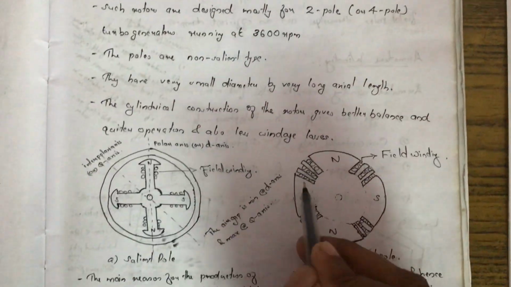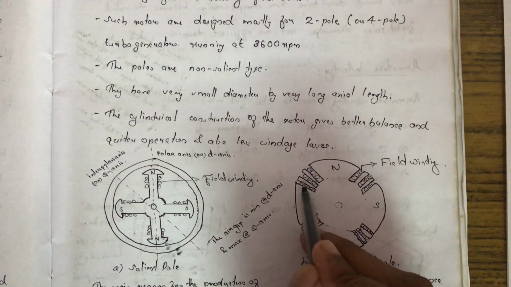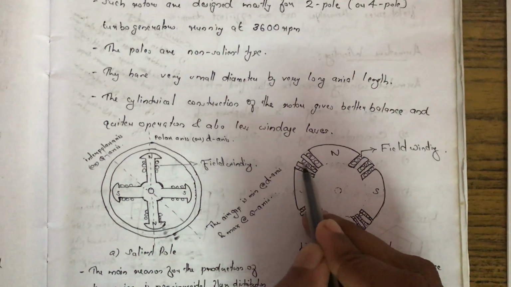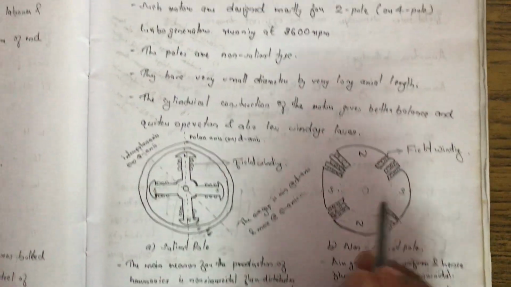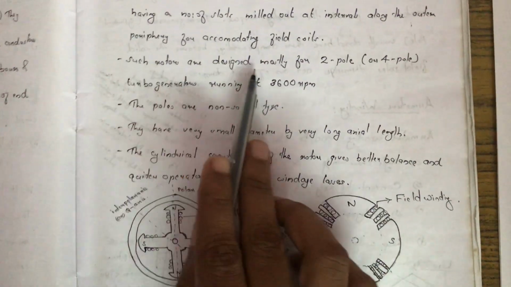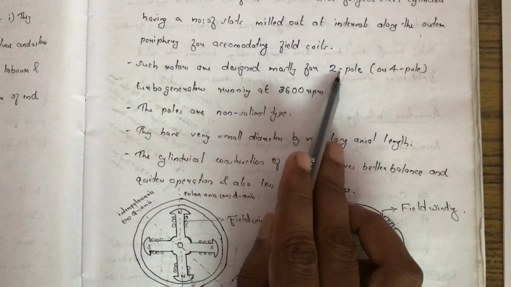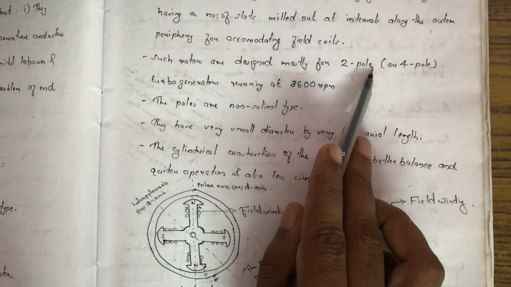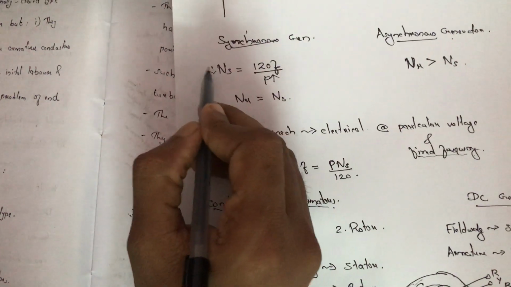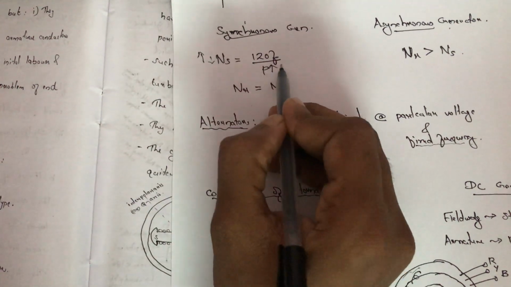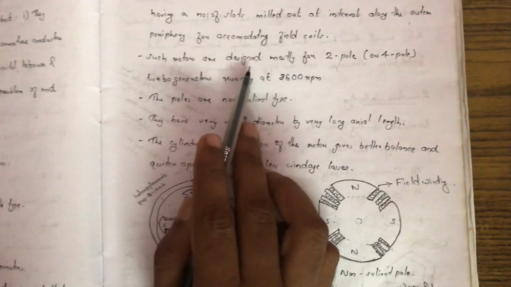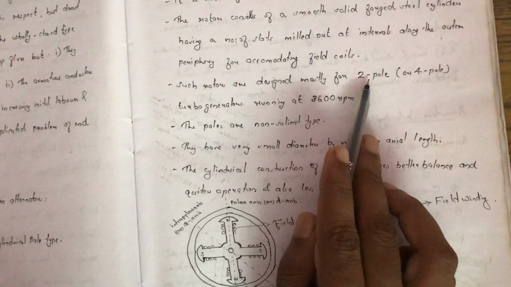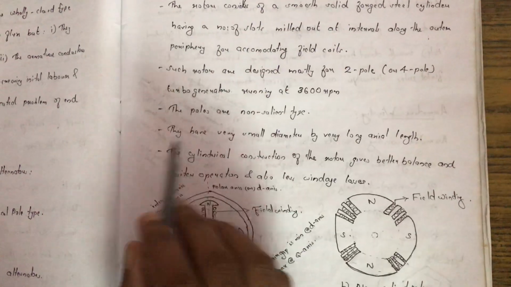That is, the core is milled out in order to keep the field. So here only the field windings are accommodated in the cylindrical pole. Such rotors are designed mostly for two poles, since the speed is very high and we can keep the number of poles minimum. Mostly only 2 or maximum 4 poles.